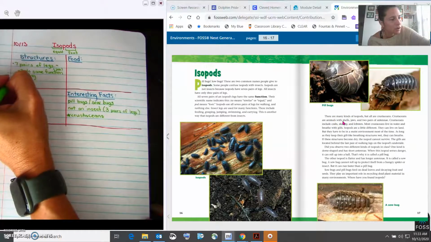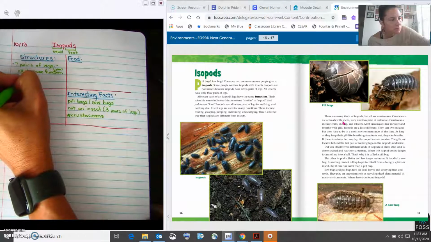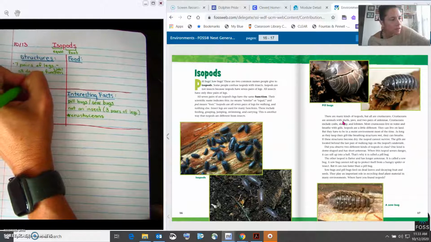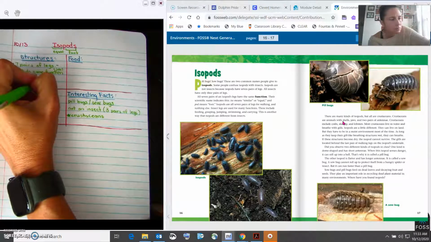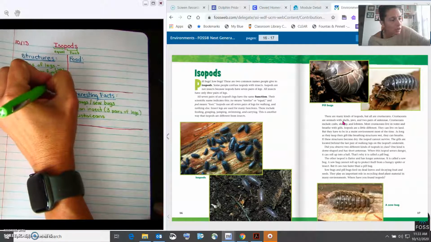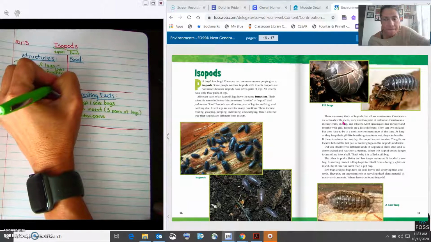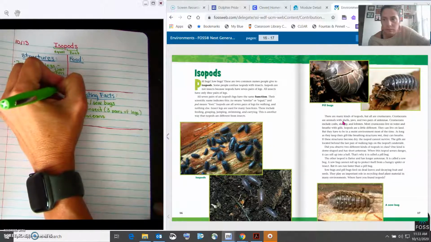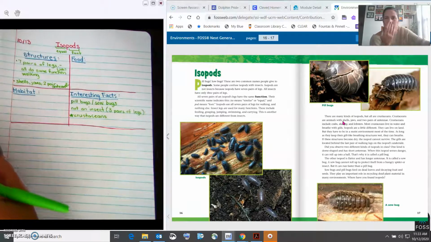So I'm going to put that up here. They've got shells, jaws, and 2 pair of antennae. I think I should have made my boxes bigger.